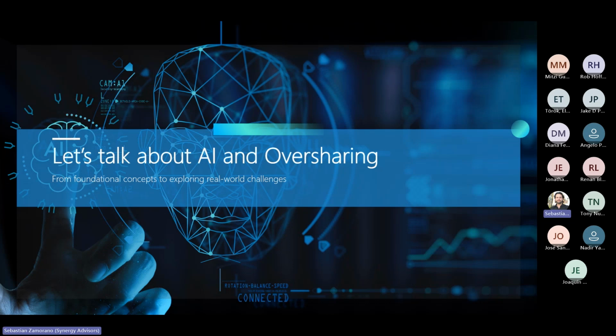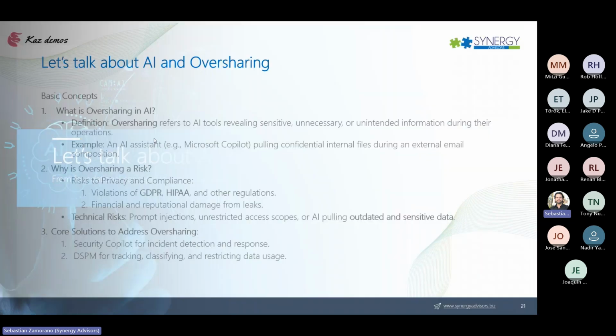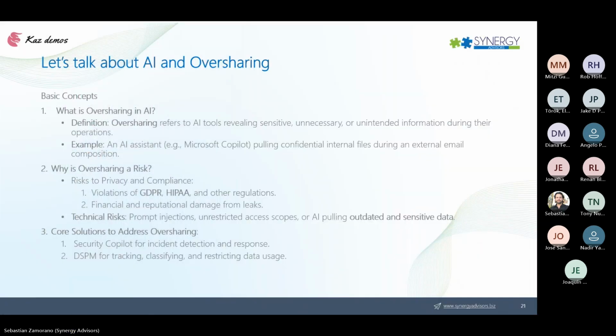Today, anyone can use Copilot to start getting sensitive information, and we need to take actions about that. Here I'm sharing some general concepts that we can review during this conversation.